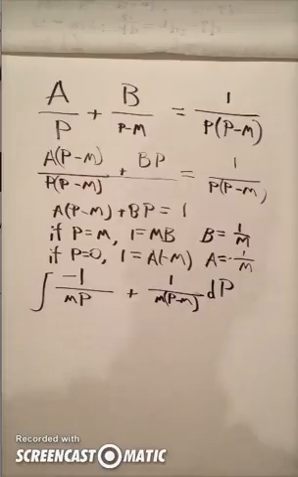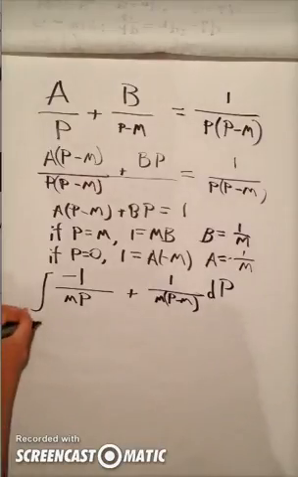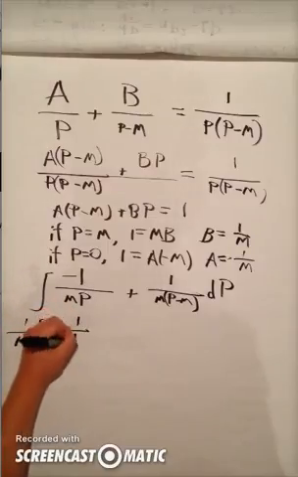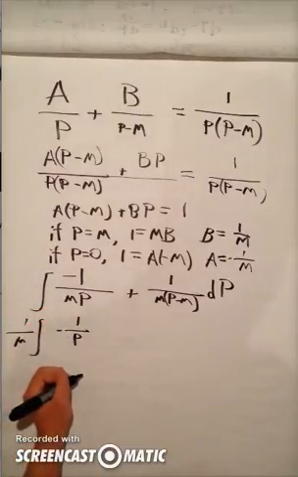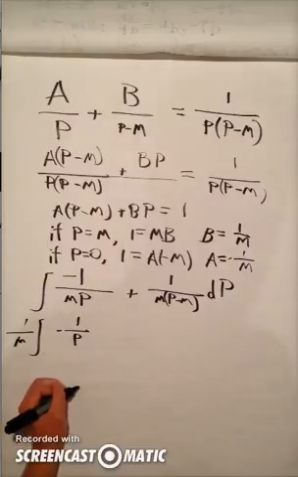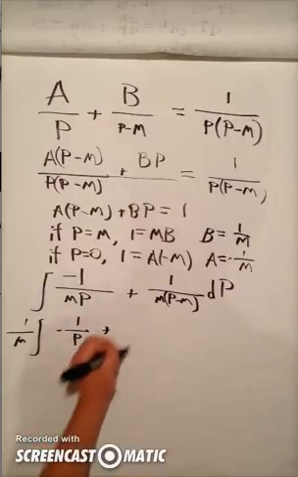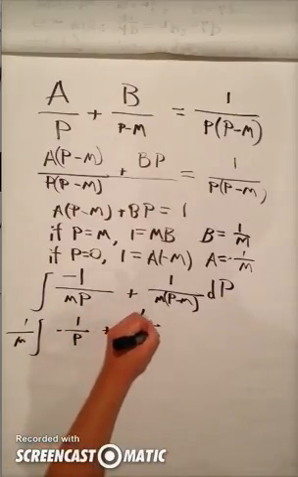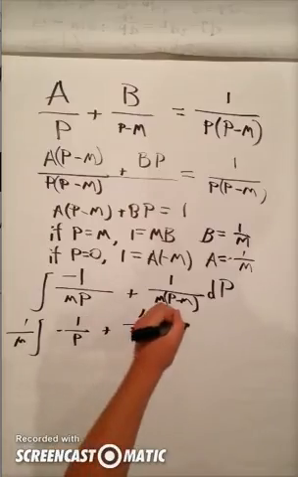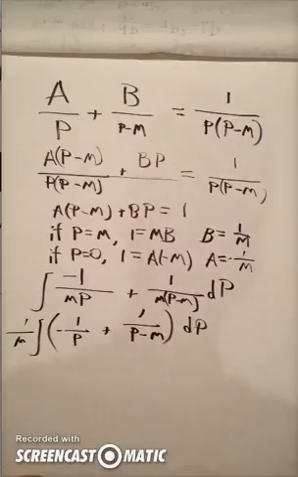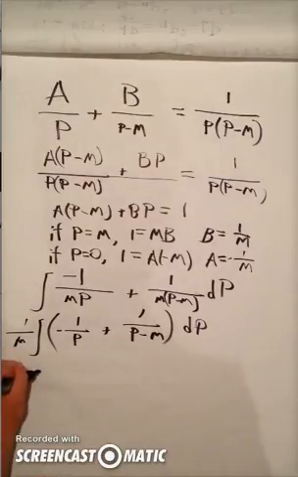Now we can pull out 1 over M. So now we're left with 1 over P and 1 over P minus M. Now we can break these up, and we'll probably switch these around.